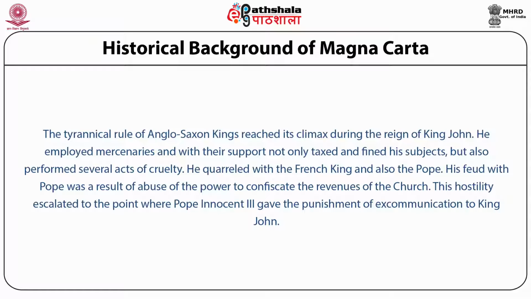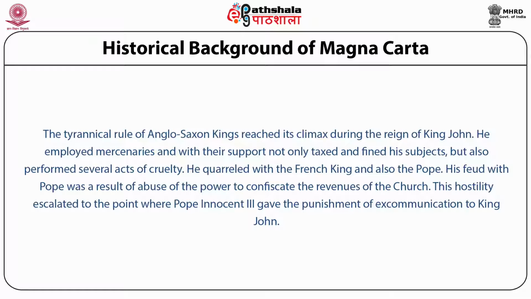His feud with the Pope was a direct result of abuse of the power to confiscate the revenues of the church. In fact, this hostility escalated to the point where the Pope gave the punishment of excommunication to King John.